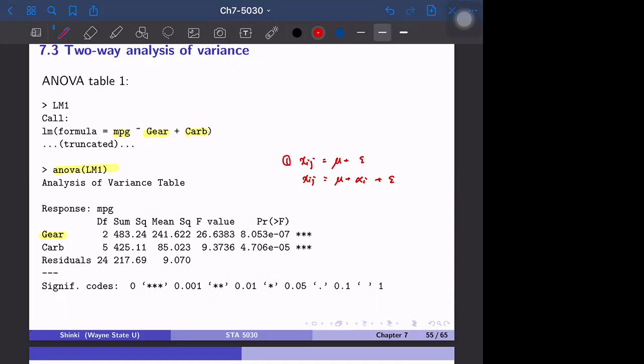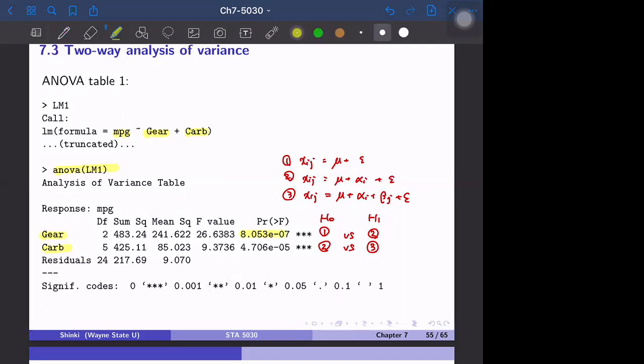So we compare 1 versus 2, where 1 is the null hypothesis and 2 is the alternative hypothesis. Then we have the second line, x_ij equal to mu plus alpha_i plus beta_j plus epsilon_ij, and this compares 2 versus 3.